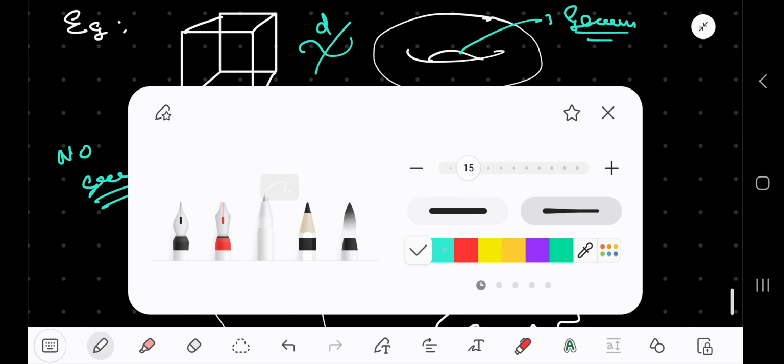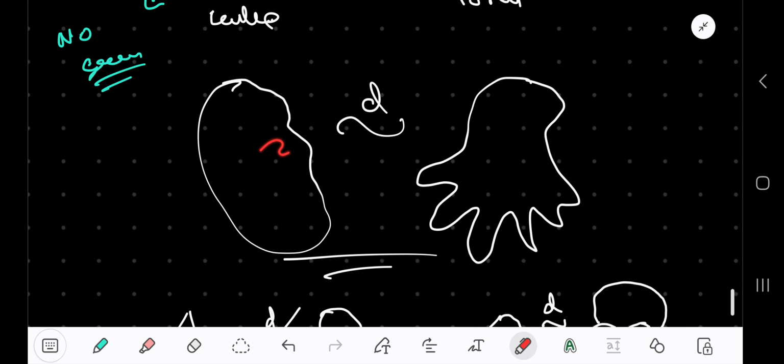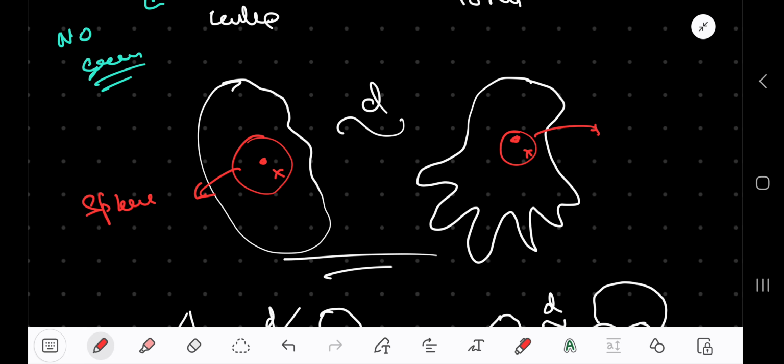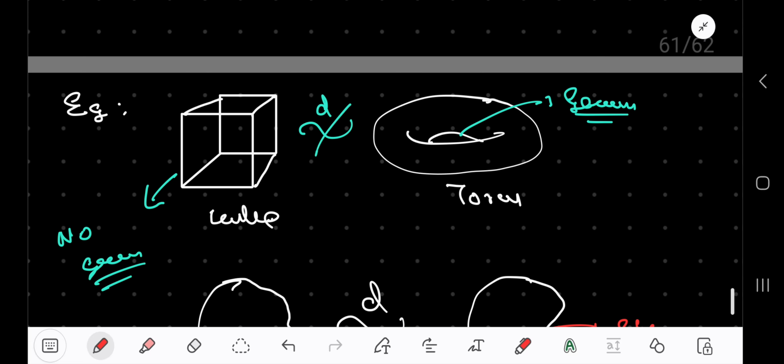For example, if you take up this space and choose some point and a neighborhood around that point, then it will resemble a sphere in the standard Euclidean space, and the same will happen here as well. If you choose a small enough neighborhood, it will resemble a sphere. But here it won't be the case at every point.